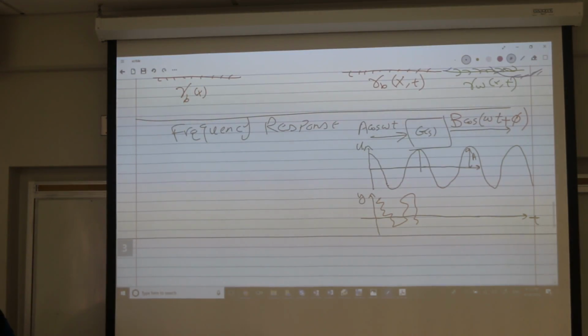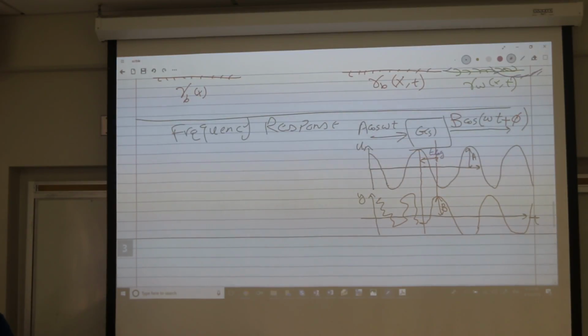So this is my peak. This is different from A. It's another amplitude, and it occurs at a different time. So this is the T lag, the lag time.